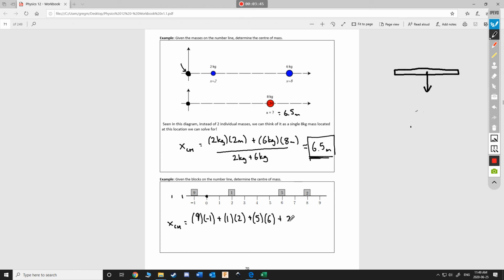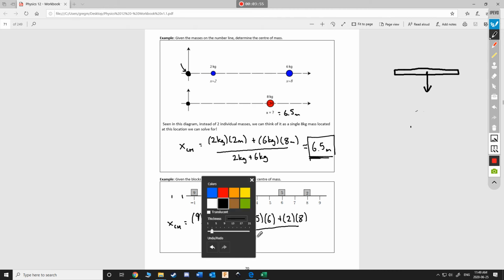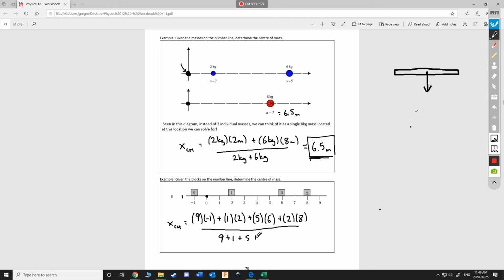And lastly, we have that 2, its location is at 8. And we're going to divide it by our total mass, which is going to be 9 plus 1 plus 5 plus 2. So 9 times -1 plus 1 times 2 plus 5 times 6 plus 2 times 8.